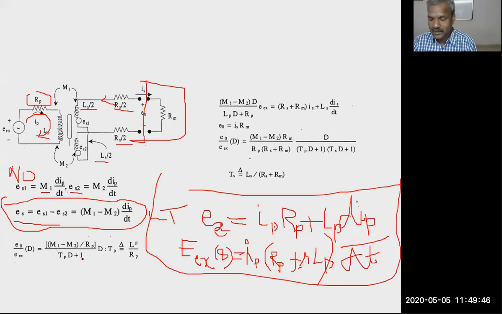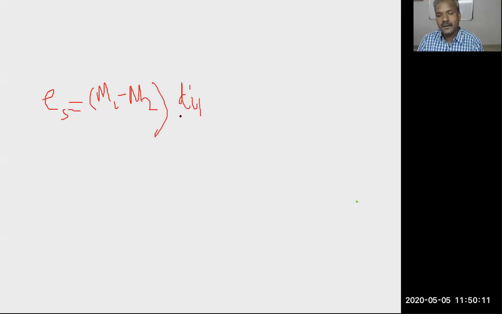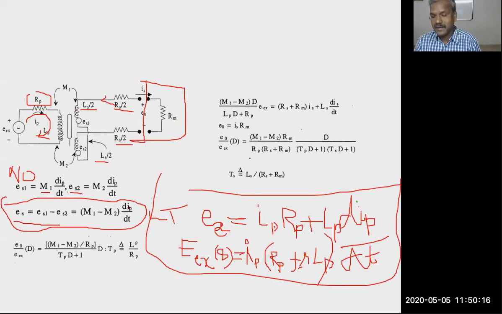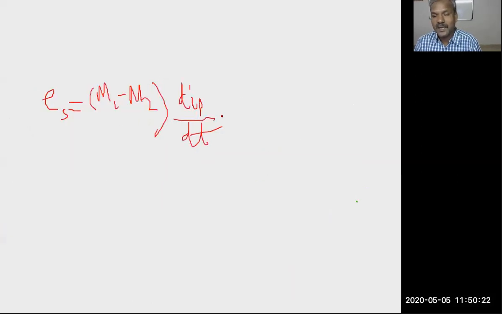So we can substitute that in this relation. Here ES equals (M1 minus M2) into dIP by dt. Instead of dIP by dt, you apply the Laplace transform. What do we get?